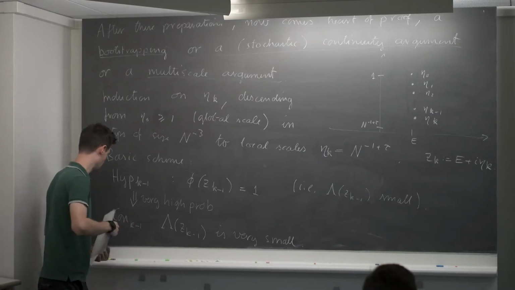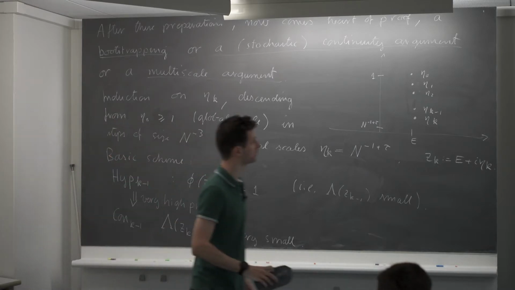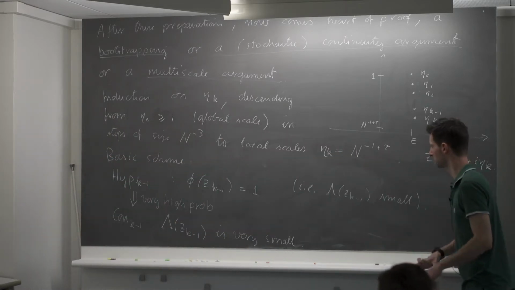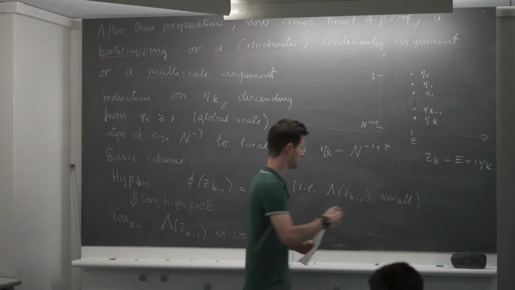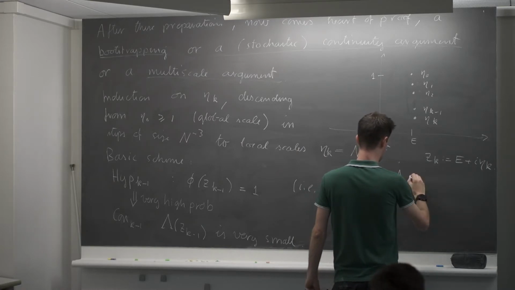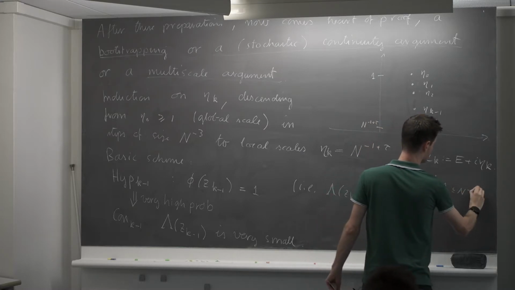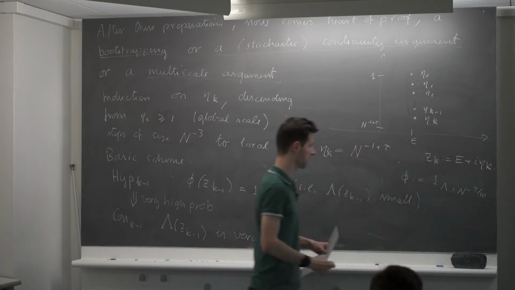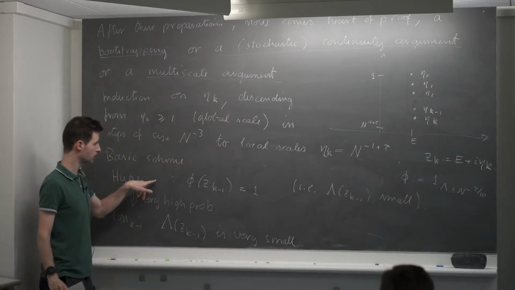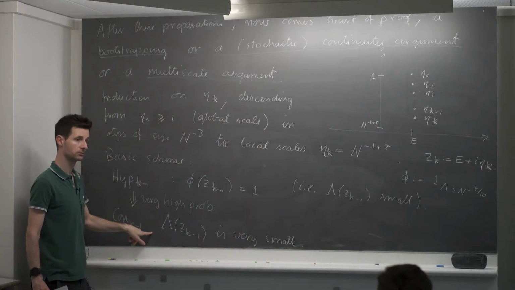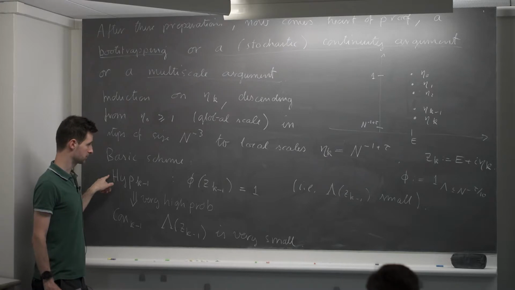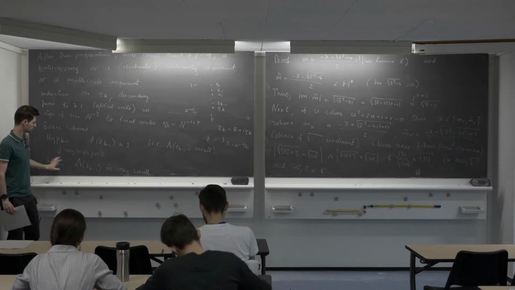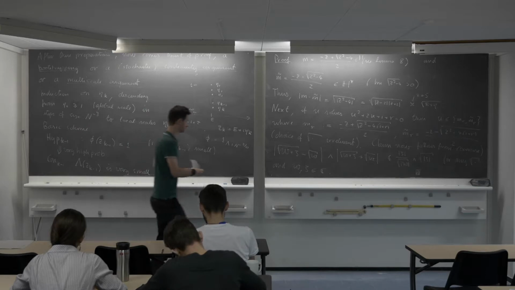Well, we will see what it's bounded by, but it's going to be bounded by a quantity that is much smaller than this n, if you recall lambda. So this is a very weak bound. And we will prove that if you have such a weak bound, in fact, you get a much stronger bound automatically with very high probability. So that's going to be the conclusion. So the hypothesis is a weak bound. The conclusion is going to be a strong bound, by which I mean this is very small.